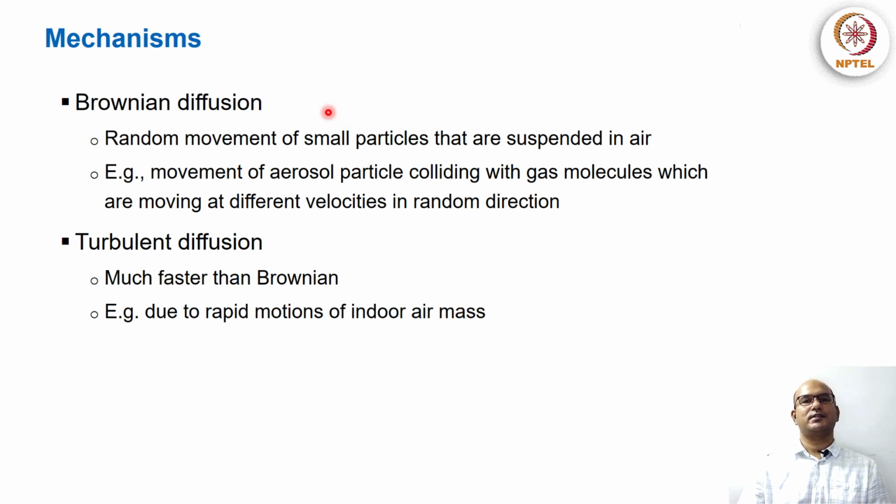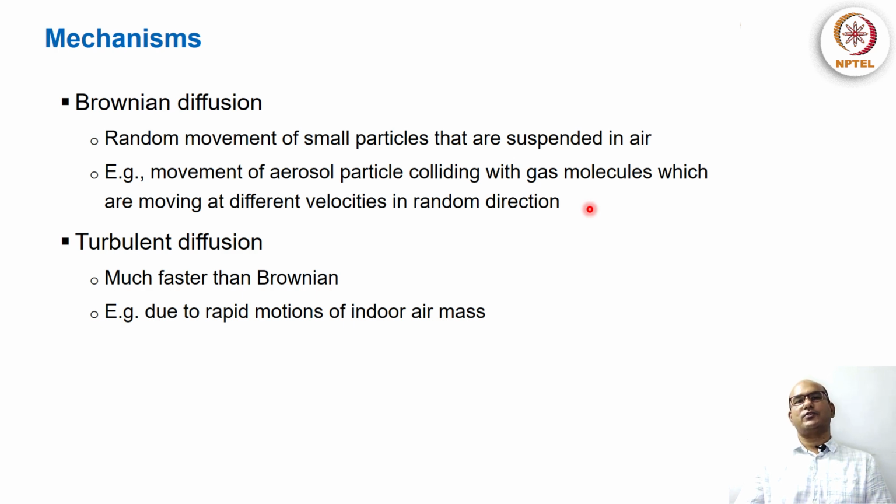Brownian motion is, as we have studied in school and other settings, the random movement of small particles that are suspended in air. An example would be the movement of an aerosol particle colliding with gas molecules which are moving at different velocities in random directions.